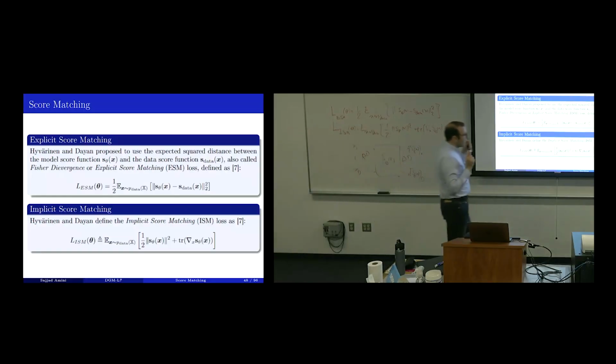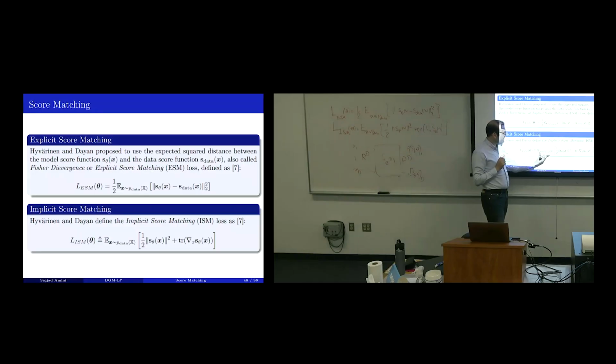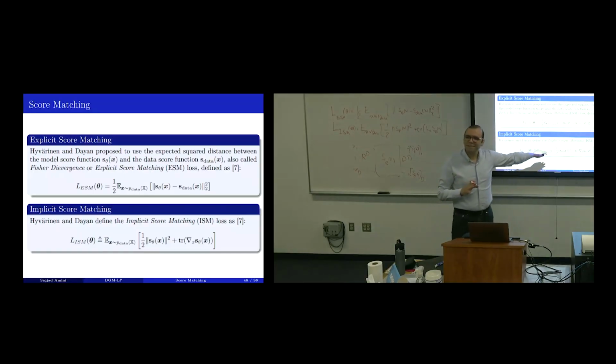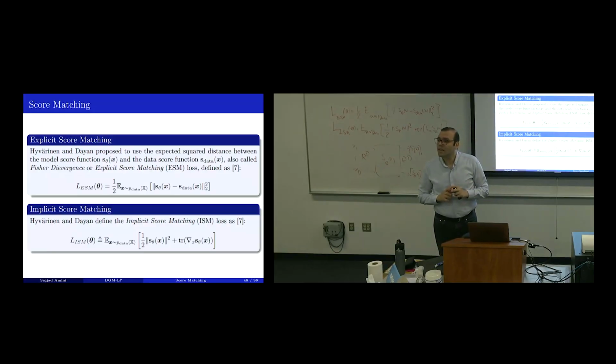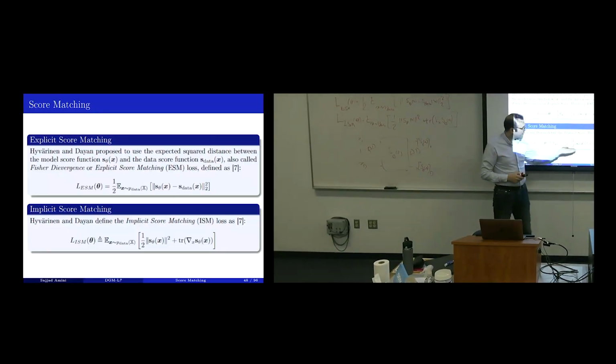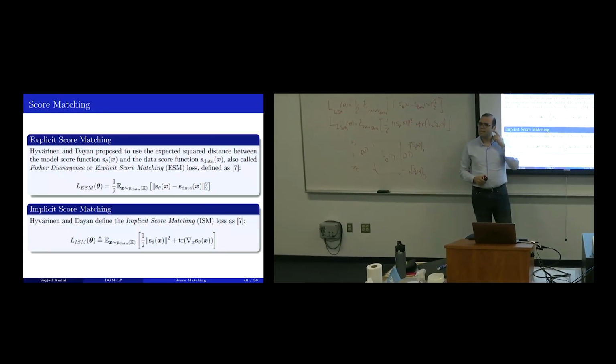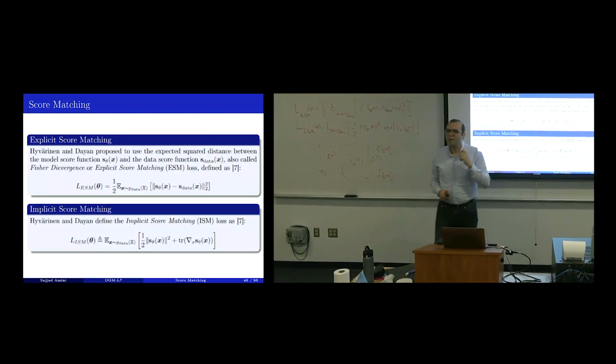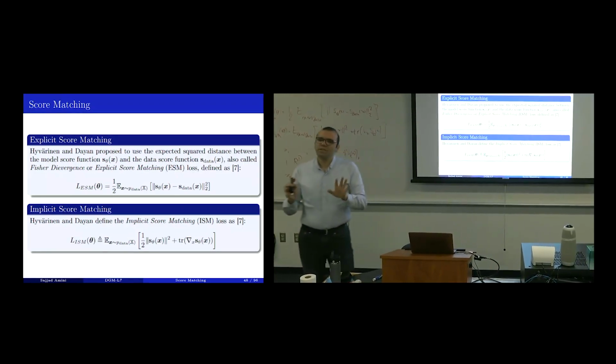In terms of calculation, can you calculate this loss? Don't pay attention to the loss. This term, can you calculate this term? If I give you samples from P data, can you calculate it?